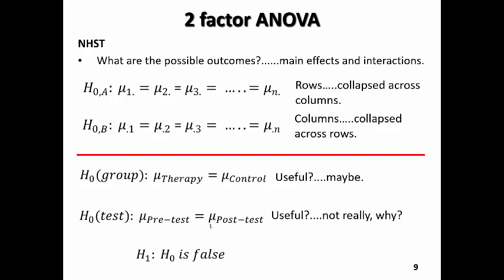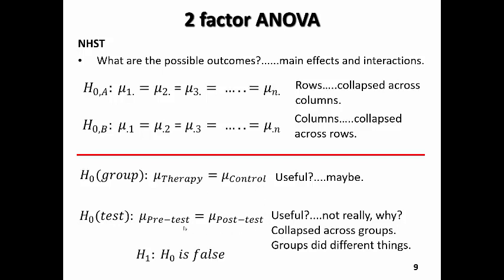This particular main effect in this example is not uniquely useful because we're collapsing across the groups. The reason this might not be useful is that the groups here, the therapy and the control, did different things between the pre-test and the post-test. The therapy group engaged in 6 weeks or 8 weeks of behavioral therapy, and the control group did not engage in that behavioral therapy.